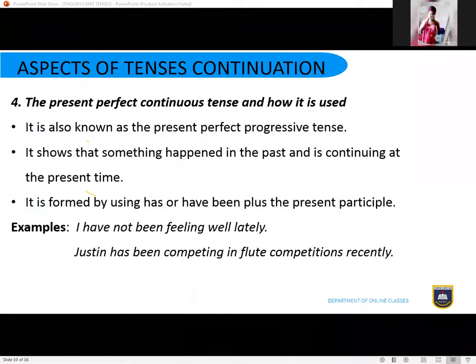Madam, the first one is the simple present tense. So I've given you one, so continue.